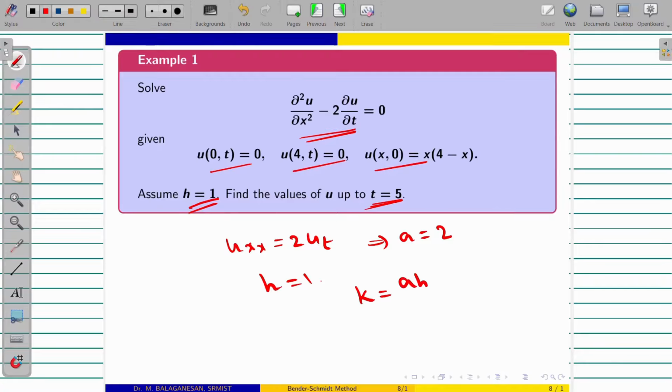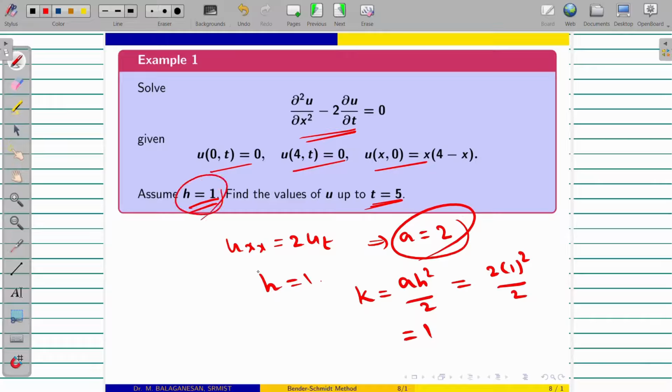It is a h square by 2, which is equal to what? What is h? 1 whole square divided by 2. So from the given equation, you have to write a, check whether they have given h or not, or you have to assume. So h equal to 1 they have given.